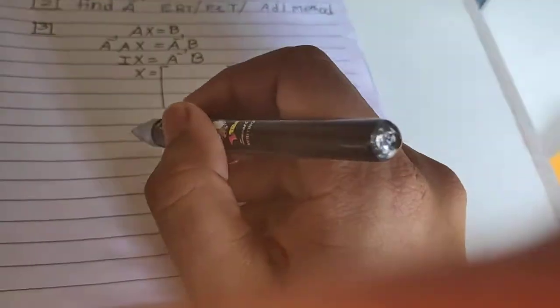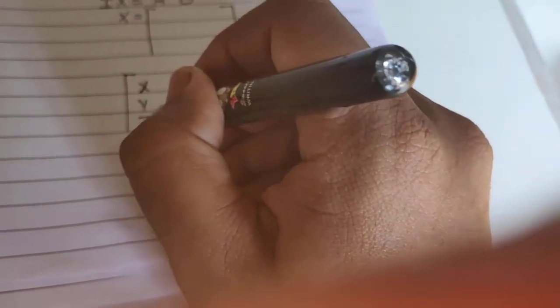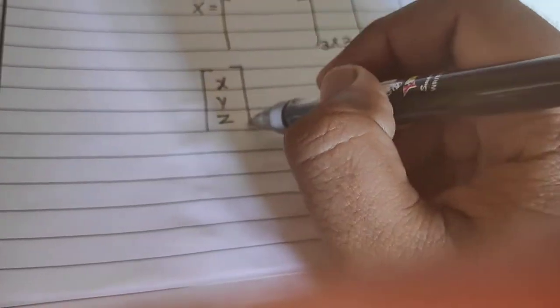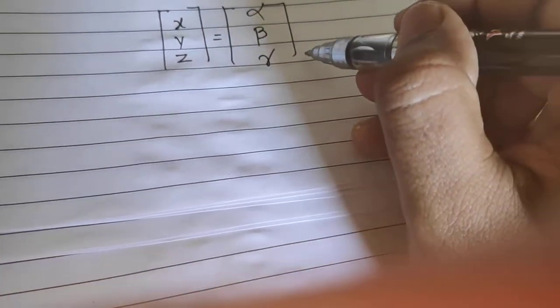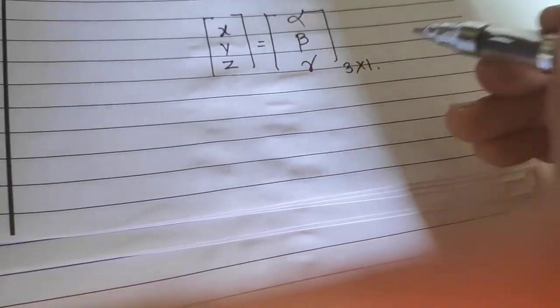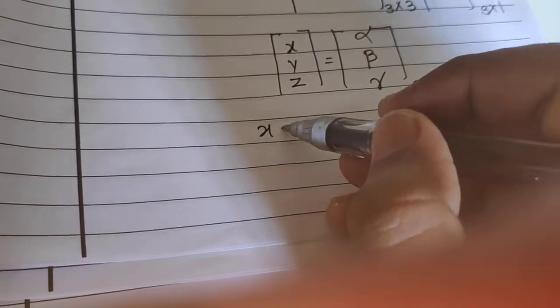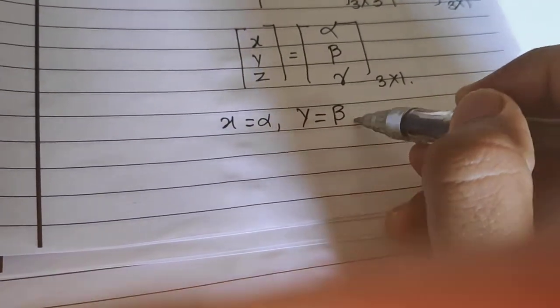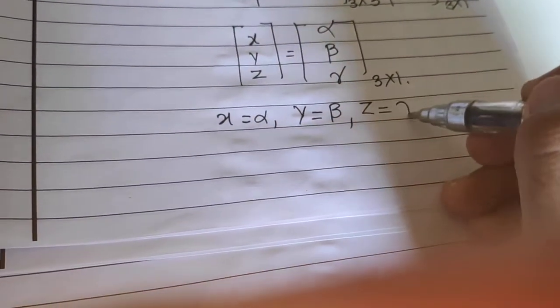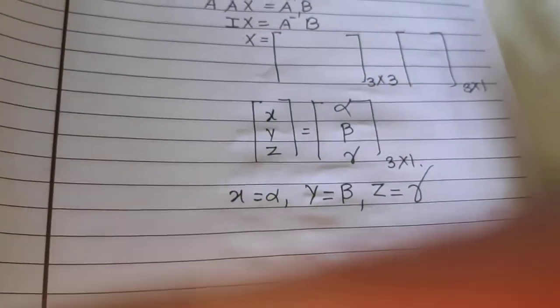With this I get the matrix X, which is x, y, z. On this multiplication I get alpha, beta and gamma, of order 3 cross 1. On comparison we get x equals alpha, y equals beta and z equals gamma. So that is the whole scenario.